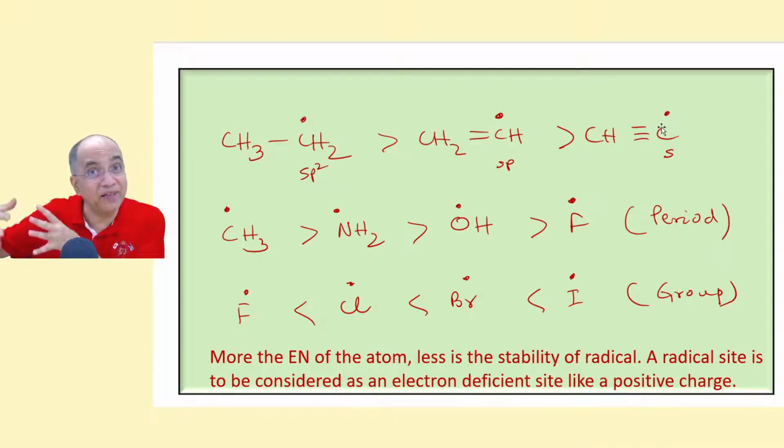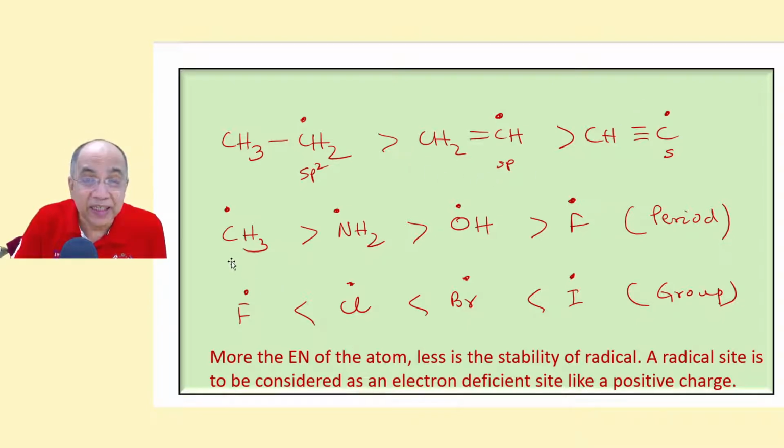The electron deficiency will be stabilized if it remains on a less electronegative atom. The same thing happens in a period. Of course, these are not organic, but I have thought of telling you, in a period, the radicals also go on decreasing in their stability.